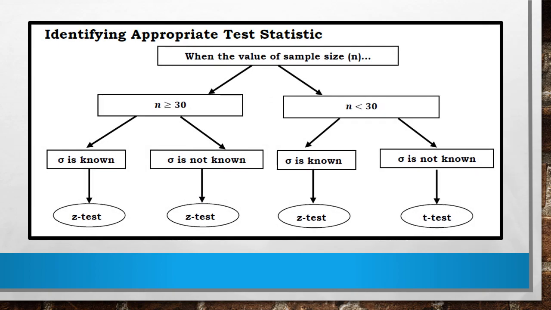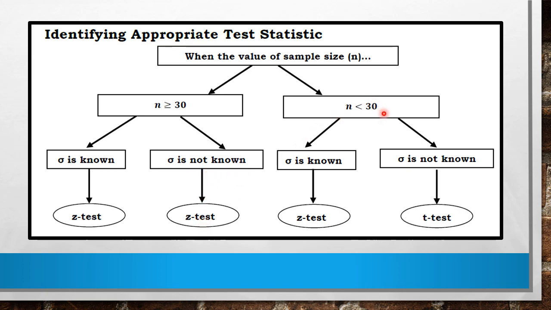To make a clearer view of identifying the appropriate test statistic, let us be guided with this diagram. When the value of the sample size n is greater than or equal to 30 and the sigma or the standard deviation is known, use z-test. When the number of samples is greater than or equal to 30 and standard deviation is not known, use z-test.